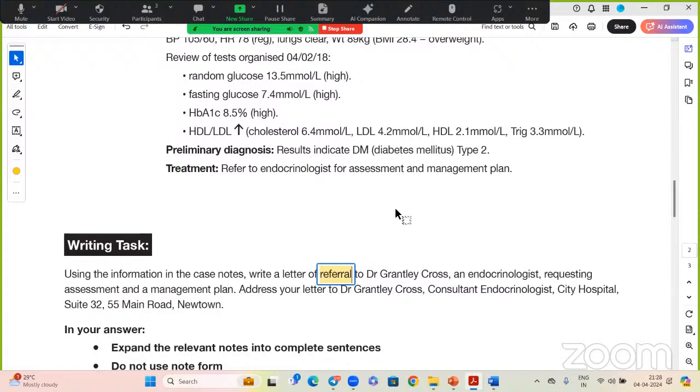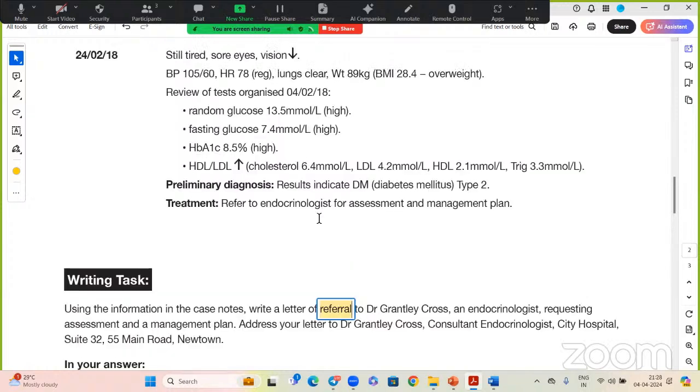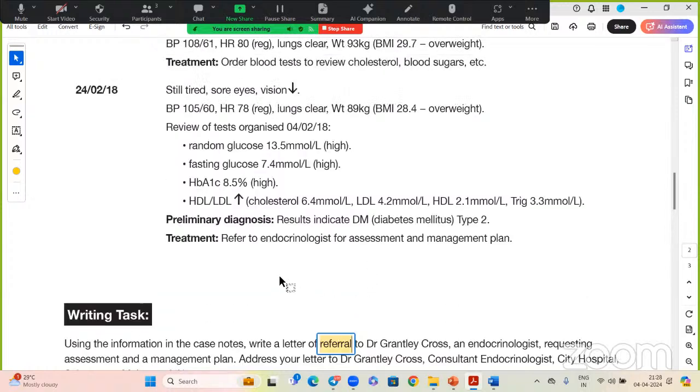Multiple visits. What is the other information? Different types of information. Preliminary diagnosis. Preliminary diagnosis is diabetes mellitus type 2.